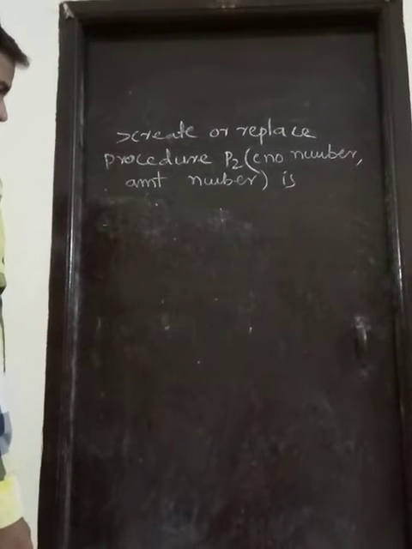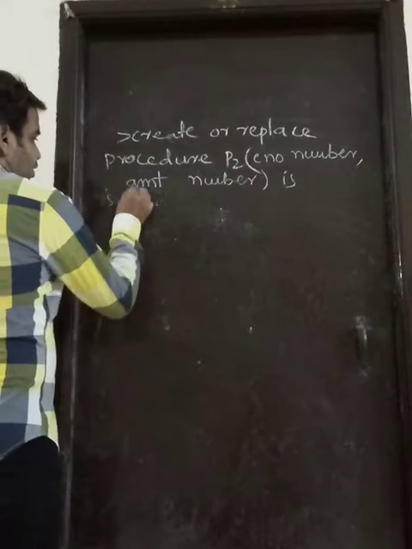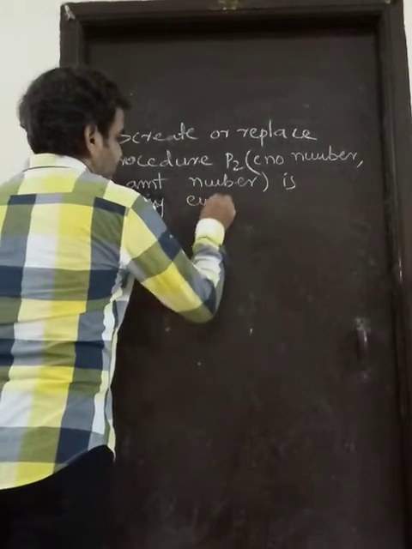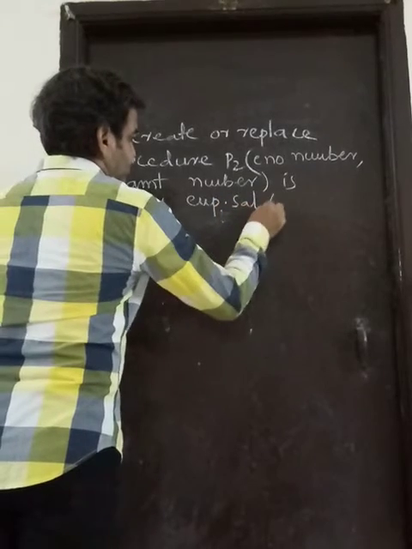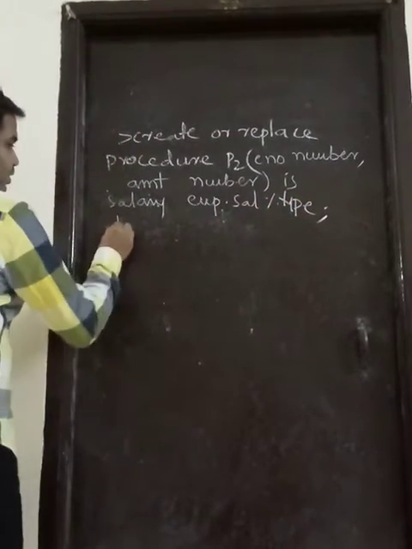Then for updation, salary. So I am taking salary as a column. We are accessing from employee table dot salary using percentage type. Now begin.